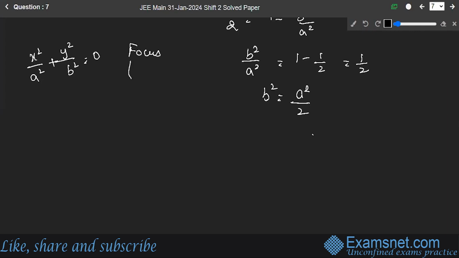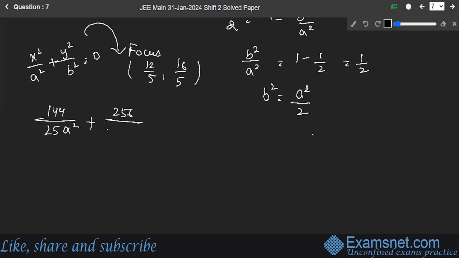Focus is 12 by 5 and 16 by 5. Now this passes through this focus. That means x and y I can use as this. So 12 square, 144, upon 5 square, that is 25 into a square, plus y square, that is 16 square, which is 256 upon 25. b square can be written as a square by 2, which will go in the numerator.